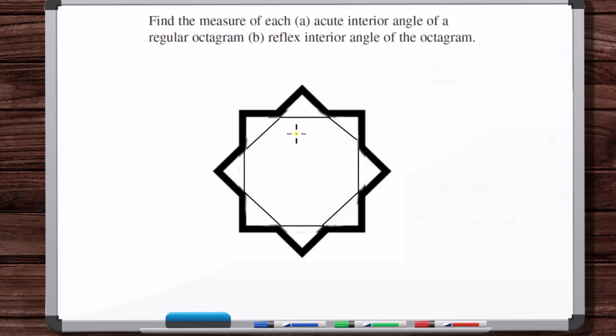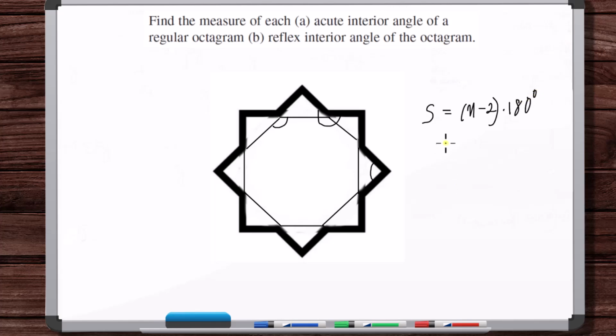Okay, so let's see. We've got each of these interior angles. We've got the reflex angles, and then we've got the acute angles. So let's just start by getting the sum of all the interior angles of this octagram here. So we're going to have n minus 2 times 180.